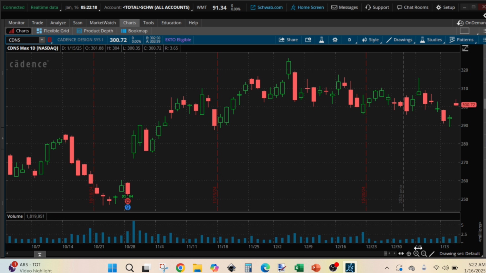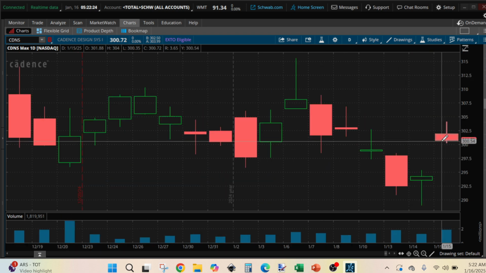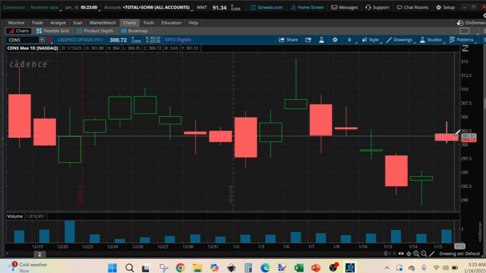For the red bar, when you put the mouse on it, the top width of the rectangle, because the price bar is a rectangle, corresponds to the price when the market opened in the morning, and the bottom width of the rectangle corresponds to the price when the market closed in the evening, because the bottom corresponds to a lower price than the top.